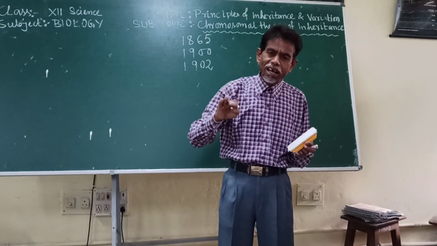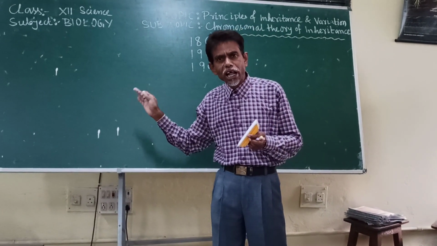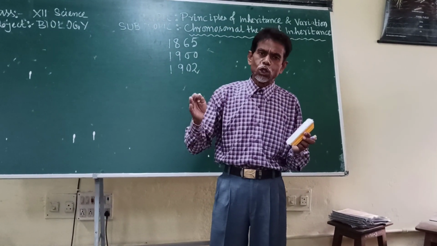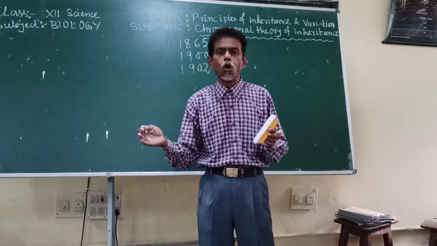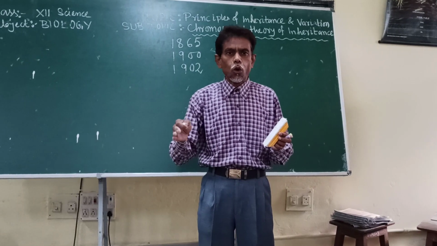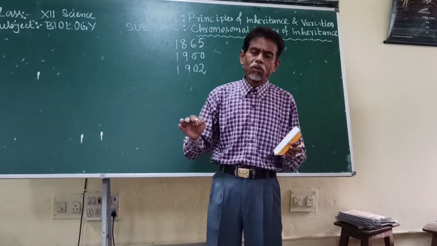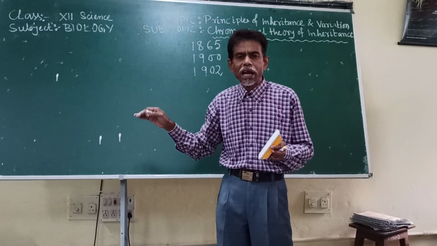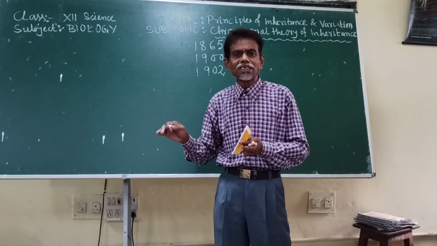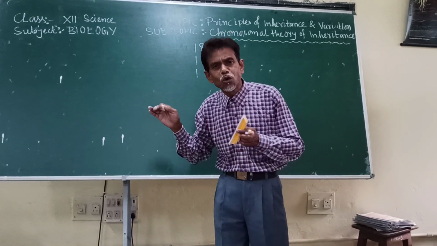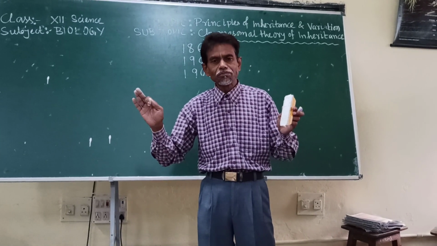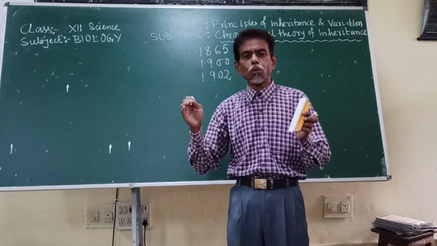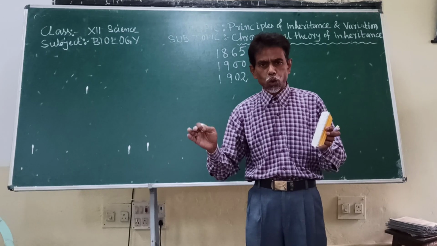What Mendel said and what Sutton and Boveri said is exactly the same thing, but Mendel expressed it in the form of a factor or gene, whereas Sutton and Boveri expressed that the gene is present in the chromosome, and during inheritance the gene is inherited along with the chromosome. This is the basic concept. Mendel's theory was not accepted because of many constraints, as I told you.